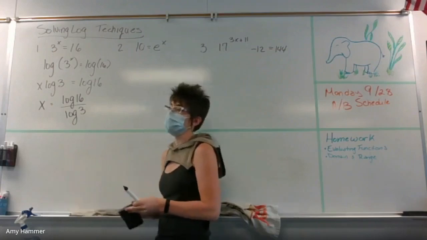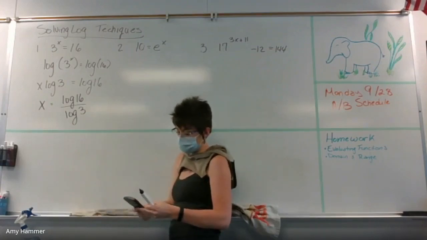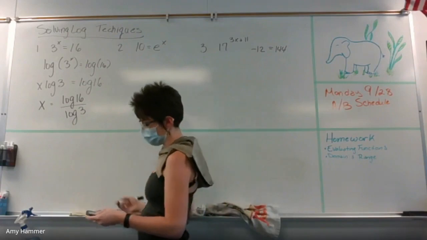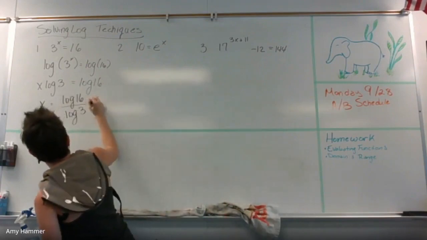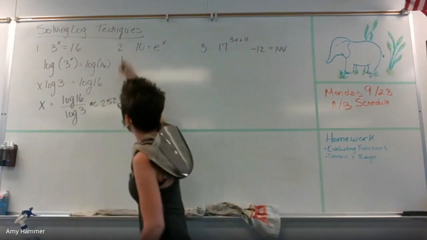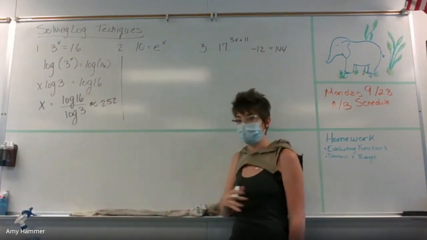So if you're told to give exact answers, that'd be it. If you want to find your decimal approximation, you just plug in log of 16, divide by log of 3, and you got 2.52. Of course, that's an approximation, so just be mindful if you're being asked for exact or approximate.